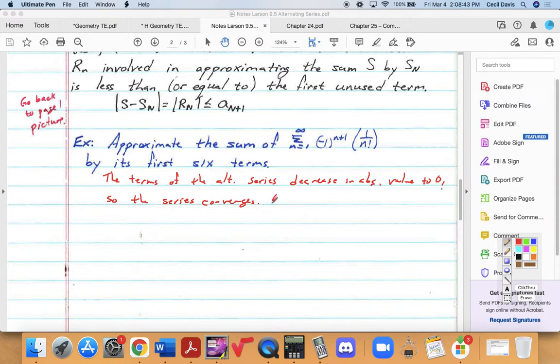Or you can do the limit as n goes to infinity of 1 over n factorial is equal to 0.